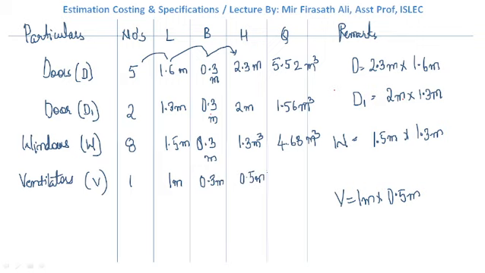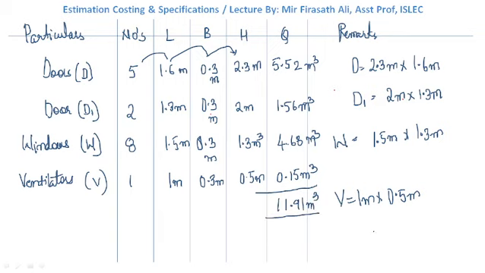If we multiply this, we get 0.15 meter cube. If we add the total, 5.52 plus 1.56 plus 4.68 plus 0.15, the value stands at 11.91 meter cube.